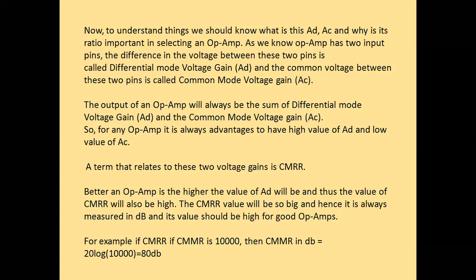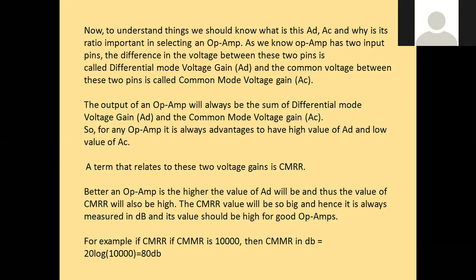A term that relates to these two voltage gains is the CMRR, that is, common mode rejection ratio. The better an op amp is, the higher the value of AD will be, and thus the value of CMRR will also be high. We already know the definition of CMRR: it is the ratio of AD by AC.